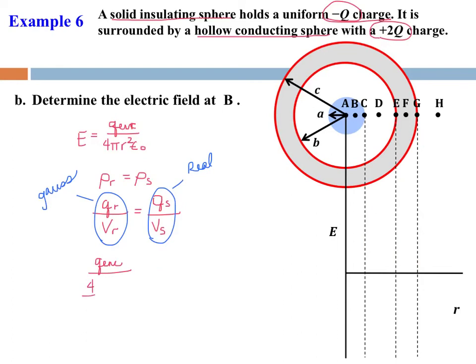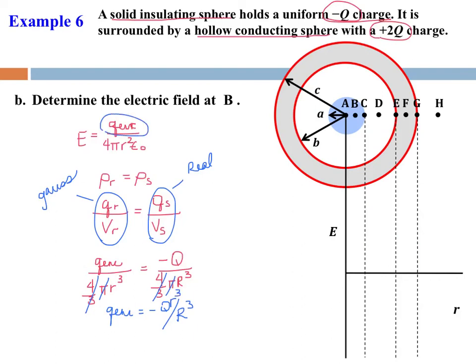Our volume will be 4 over 3 pi r cubed because we are talking about a sphere. The actual charge on this sphere is negative Q, and the actual volume will be 4 over 3 pi capital R cubed. The pi's will cancel out, the 4/3 will cancel out, and you're left with a charge enclosed of negative Q over capital R cubed, with little r cubed up on top.